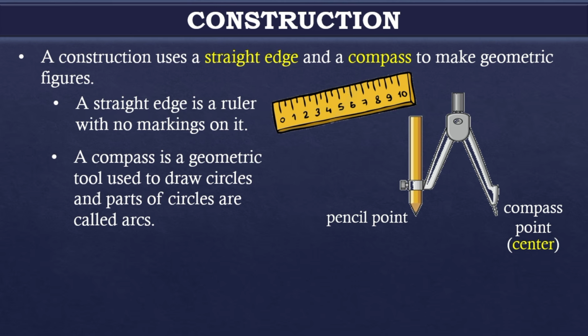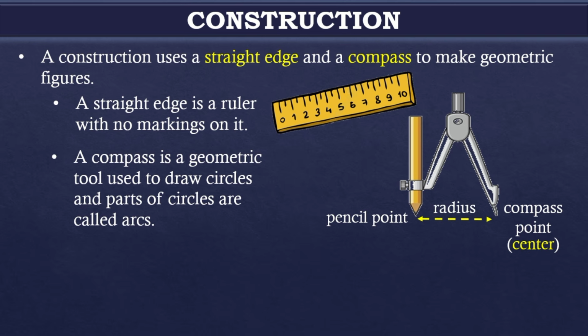Ito yung hindi mo dapat pagagalawin. Etong pencil point, ito yung nagmo-move. While the compass point, ito yung hindi mo pagagalawin. Fix dapat yan. Hindi pwedeng habang iniikot mo yung compass mo, gumagalaw rin yung compass point. O ito rin yung tinatawag nating center. Okay? Kung saan mo ilalagay itong compass point, that will serve as your center.